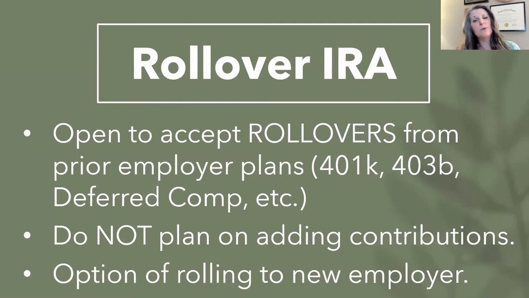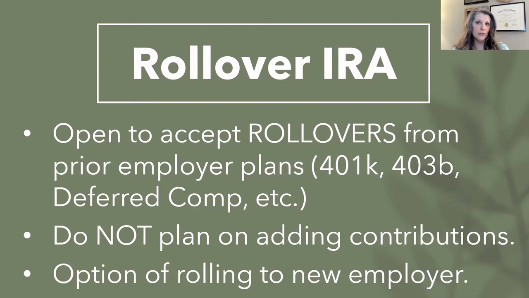Another reason why people will title the account as a rollover IRA is they may have a traditional IRA that they added to and they did not get a tax deduction for. And so now they've commingled money in this traditional IRA, and come age 72, they're going to have to tell the IRS, this part's taxable, this part's not.